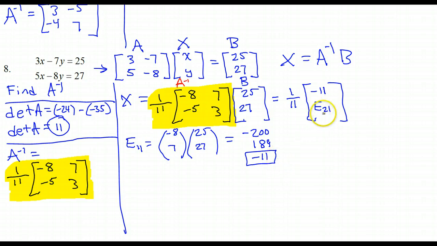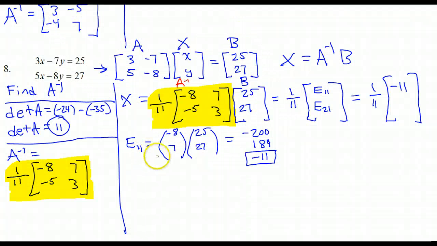So now I need to find the second element. Maybe I should show this as a separate matrix all together. Okay, so I found the first element. Now I'm going for the second element, element 2, 1. That's second row, first column.